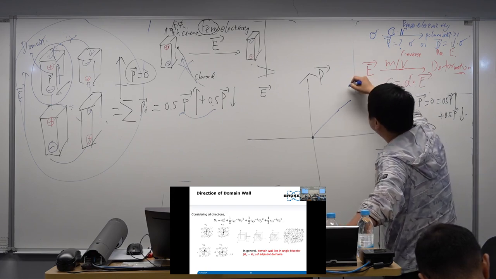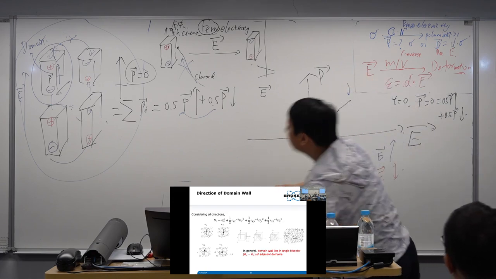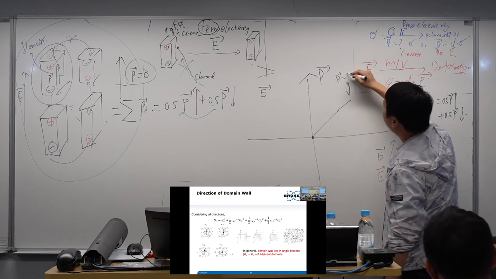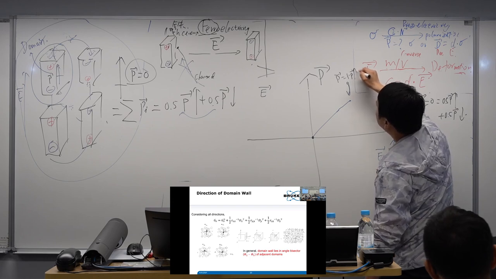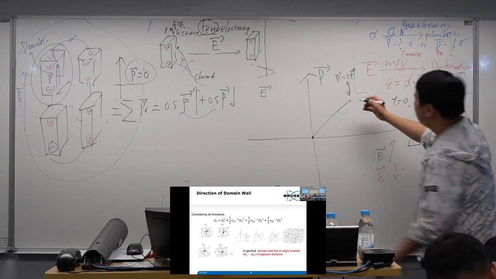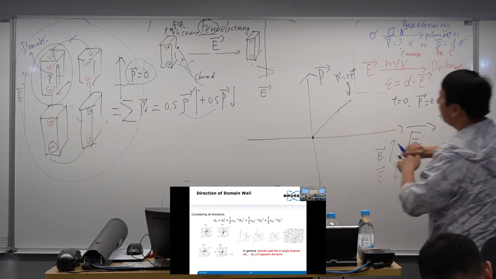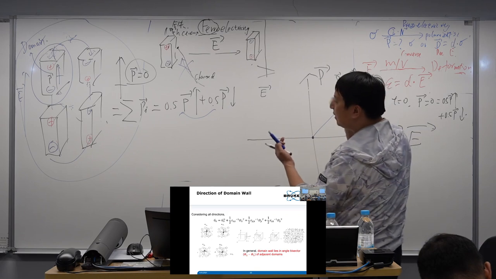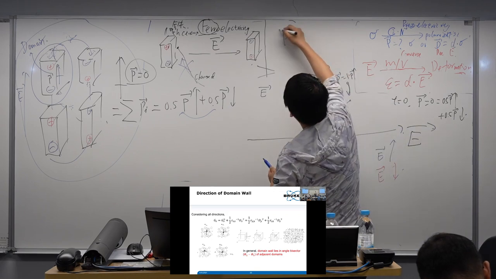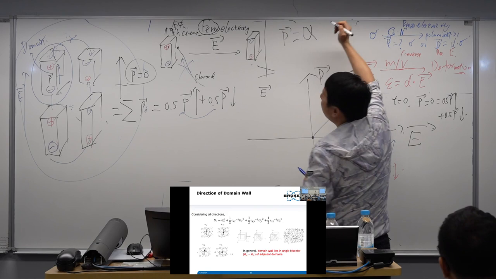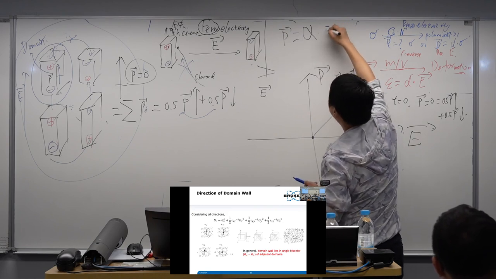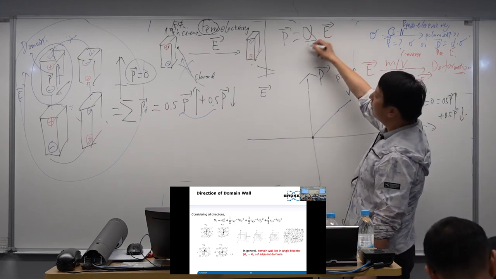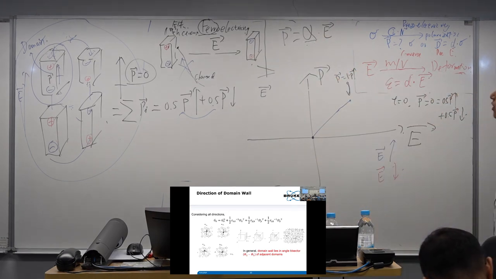So at this point, I would guess the polarization equals to 1 times facing up. Okay, so that's this point. And on this point, what will happen? We have the basic idea that polarization equals to the polarization coefficient times E. This alpha in Chinese we call it 极化率.